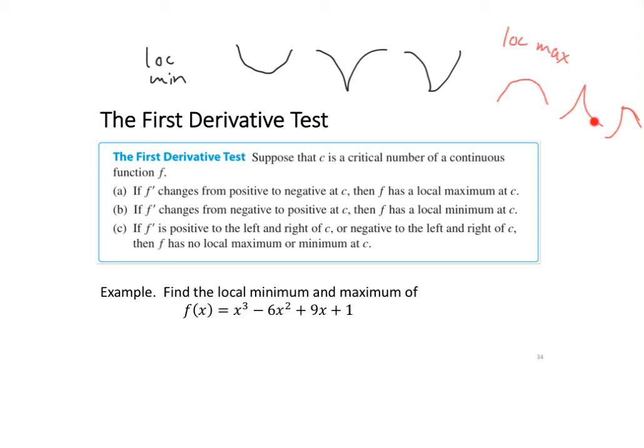In all three of these cases, the derivative is going from positive to negative, and so we have a local maximum. Similarly, if f prime changes from negative to positive at the critical number, then f has a local minimum. So we look at these images. We go from negative derivatives to positive derivatives in each case.